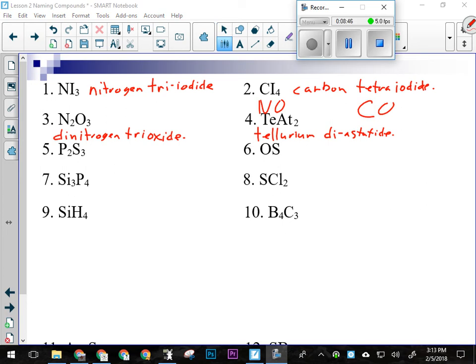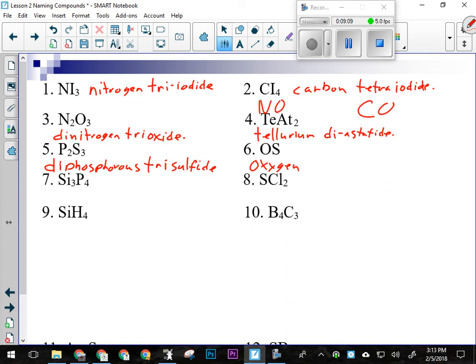Number 5, I've got phosphorus, and there are 2 of them, so I'm going to need a prefix there. So diphosphorus trisulfide. Okay. Again, no capital letters. Number 6, I've got oxygen. There's only 1, so I don't need a prefix on that.